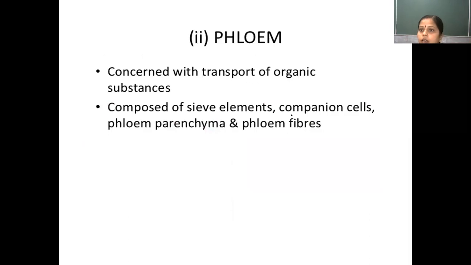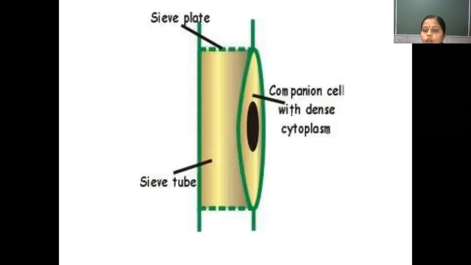Next is the food conducting tissue, that is phloem. Phloem is again made up of four different types of cells: phloem parenchyma, phloem fibers, and the main elements which conduct food, called sieve tube cells.